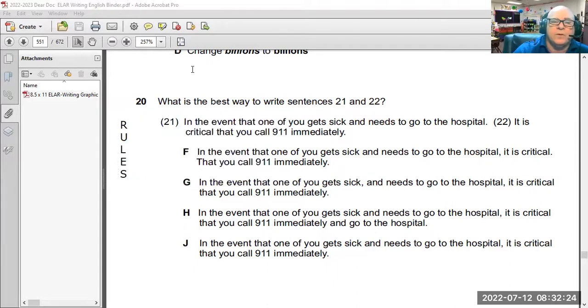So we're ready to underline. What is the best way? So as soon as it says best, we know it's either rule 2 or rule 3. Since it says sentences, not sentence, that's one of those SAF type.